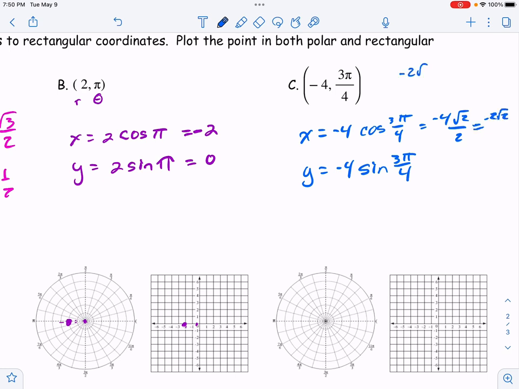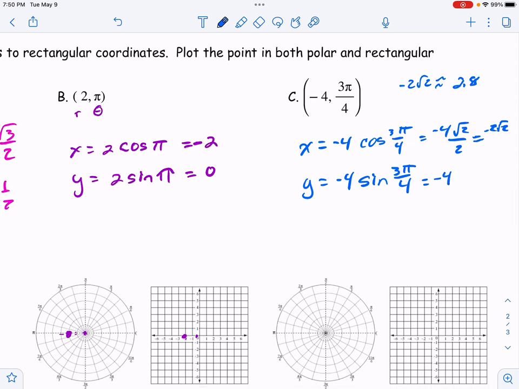Well, 2 root 2 is approximately 2.8. All right, this is negative 4 times the sine, which is root 2 over 2. So my coordinates are positive 2 root 2 and negative 2 root 2.